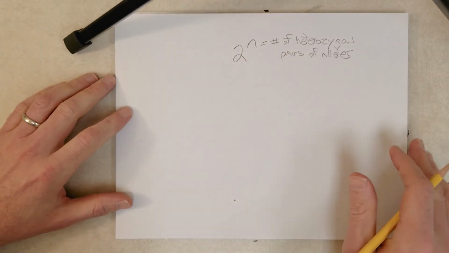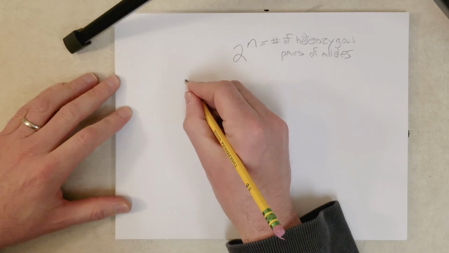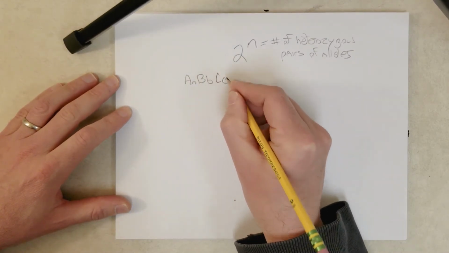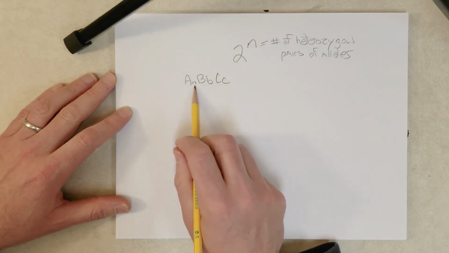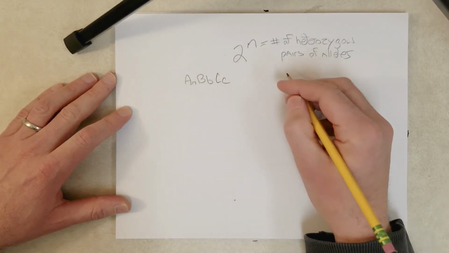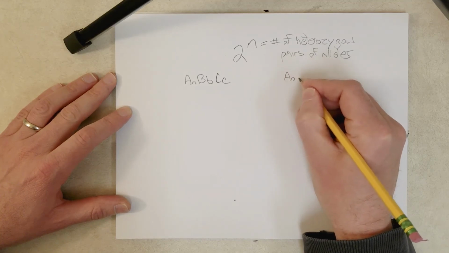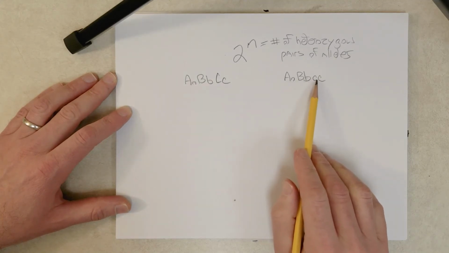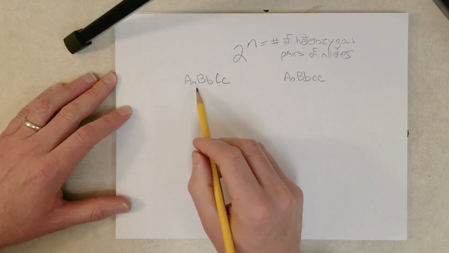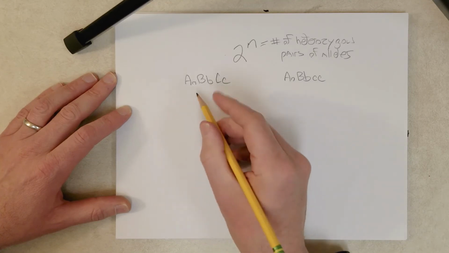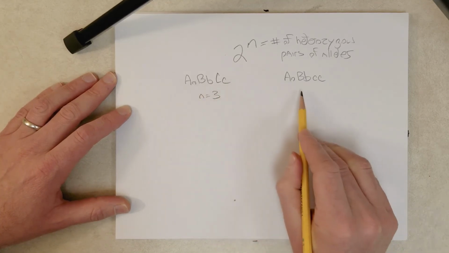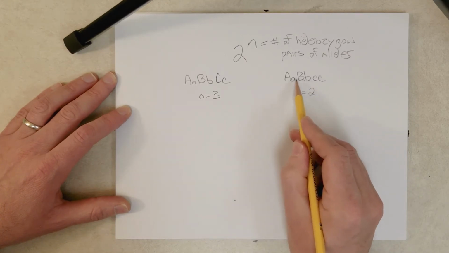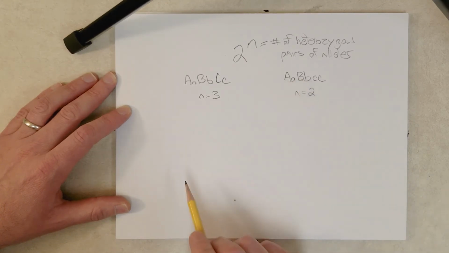And let's use some examples that we already covered. So we looked at individuals who are heterozygous for 3 pairs of alleles. And we looked at one that was heterozygous for 2 pairs of alleles and homozygous for 1. So for this individual, n equals 3. For this one, n equals 2, 2 pairs of alleles where the alleles are heterozygous.